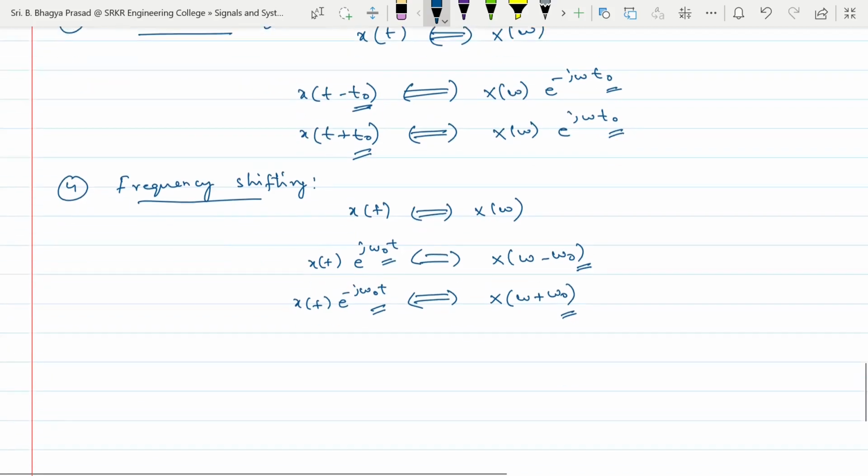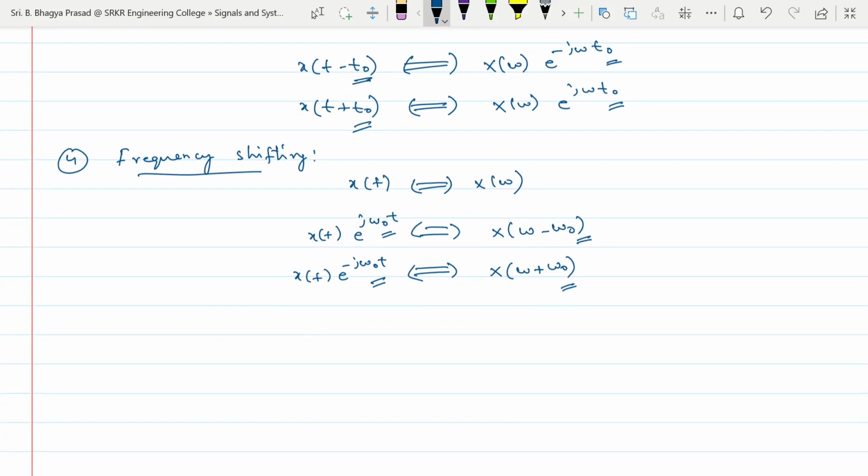Here I will discuss an example of frequency shifting, similar to the modulation property: x of t multiplied with cos omega naught t. I write this expression as 1 by 2 into x of t e power j omega naught t plus x of t e power minus j omega naught t.